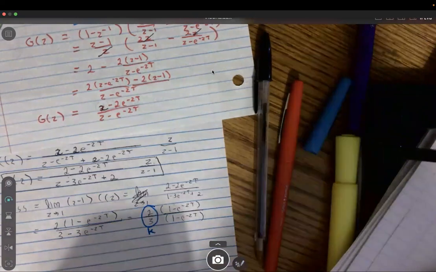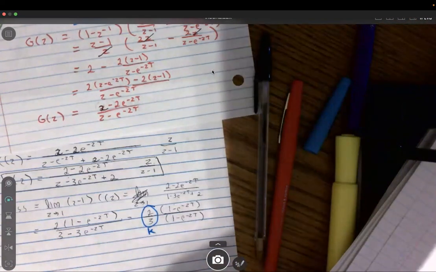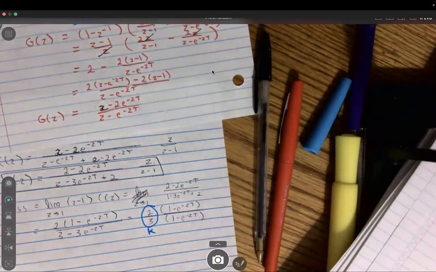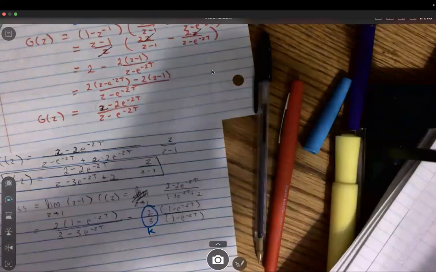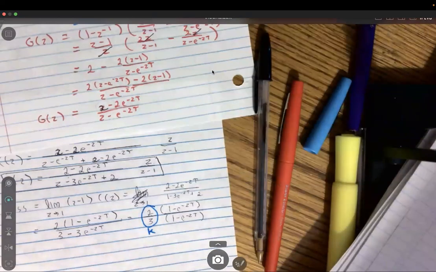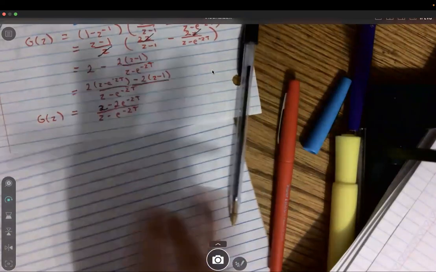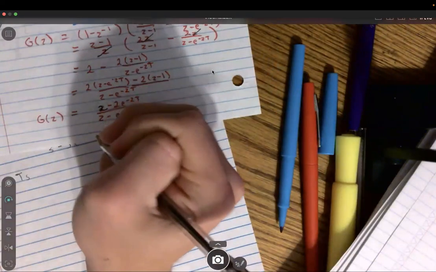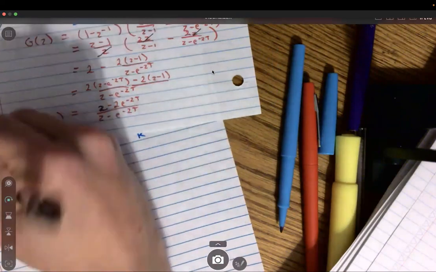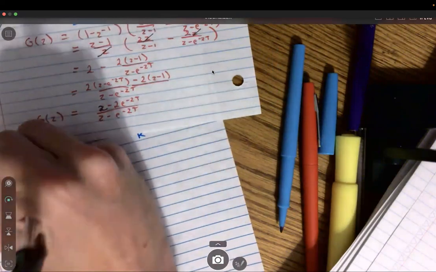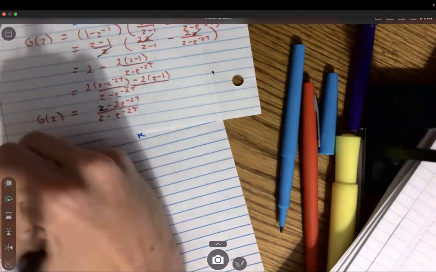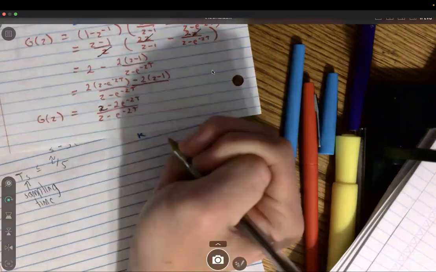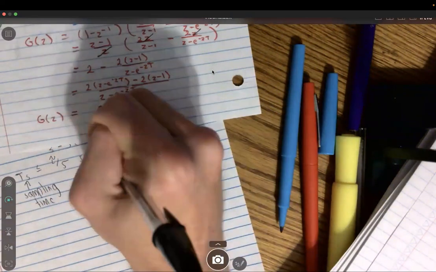Now that we got that, what we're going to look at is specifically our second order systems. If he does ask, I don't think he's going to ask this, but if he asks for the sampling time, sampling time should be less than or equal to tau divided by 5 for a good response.